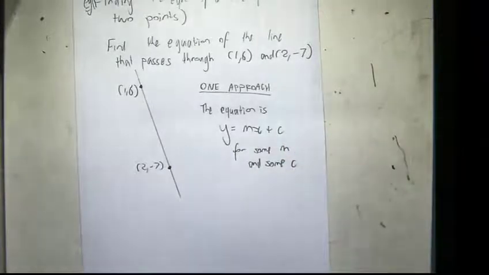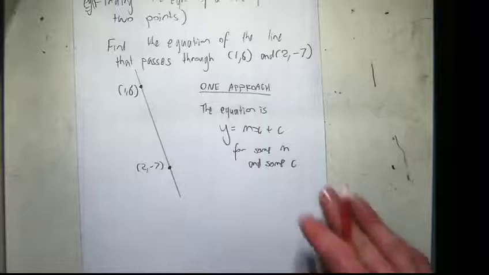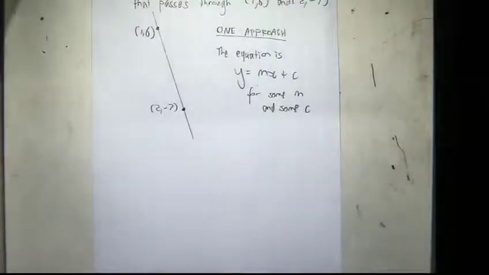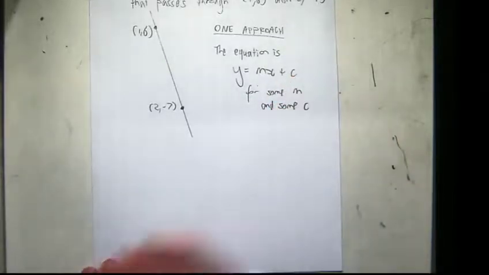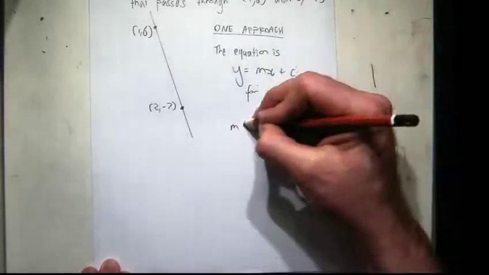I don't know what the m and the c are, but that's my goal. If I can figure them out, that's the equation of the line. So I could just sub in the points and see what I get. That's going to be quite complicated, but I could do that. All right, and I know the m is the slope.